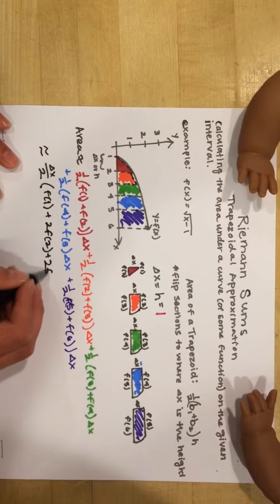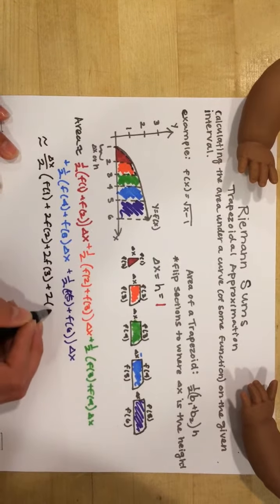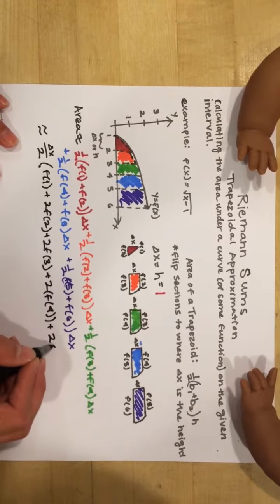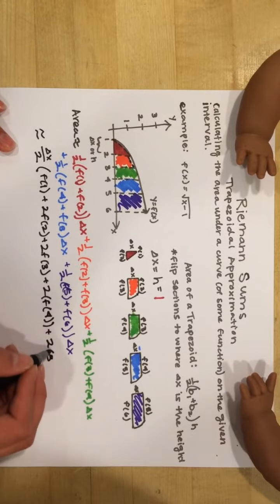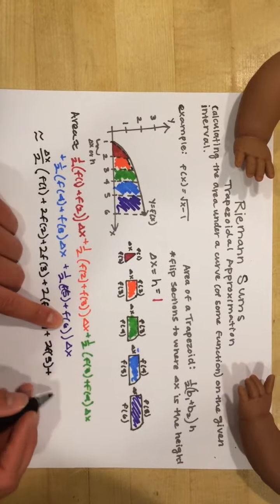So we're going to write all that out. Oh, I keep forgetting the f of 5. And then only one f of 6, so you're going to do plus f of 6. And you're going to plug the numbers back in.